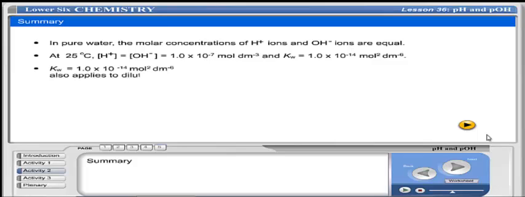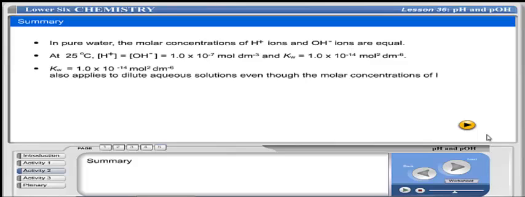This also applies to dilute aqueous solutions, even though the molar concentrations of H+ ions and OH- ions are no longer equal.